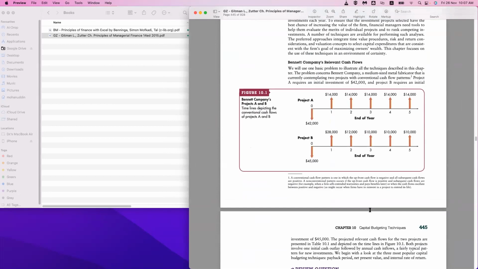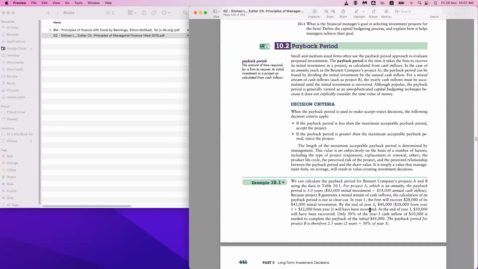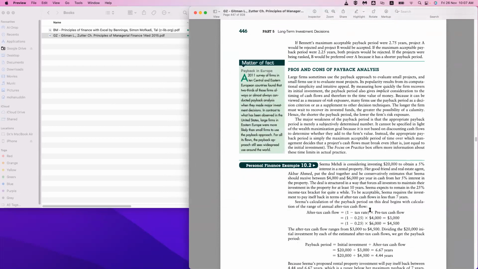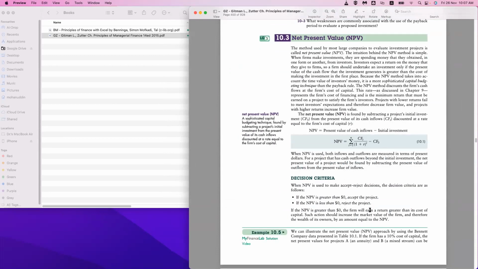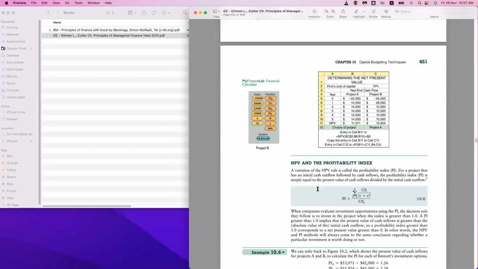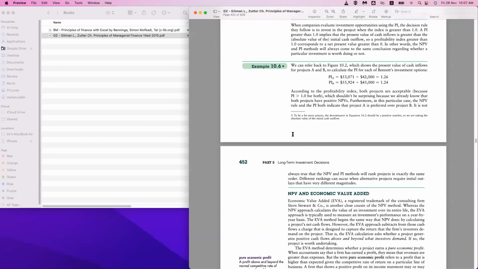We will discuss several capital budgeting techniques that are very useful for making investment decisions. Number one will be net present value, 10.3. Then we will discuss internal rate of return.